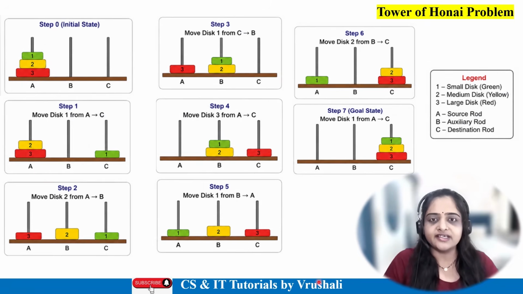This thing is called the Tower of Hanoi problem. They explore multiple paths and find the best possible path and solve the problem, and that's why it is a state space representation problem.